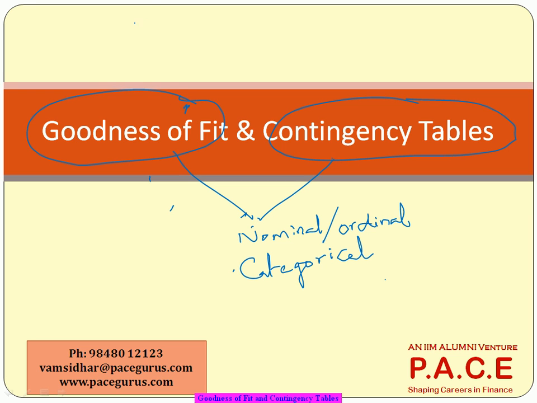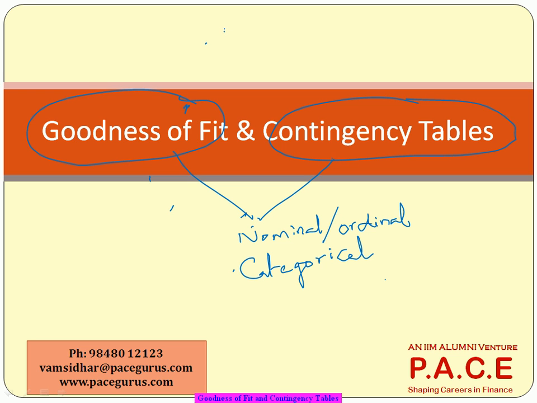So if any particular attribute is in a categorical form, either in a nominal scale or an ordinal scale, I would do the detailed analysis of them using the mechanisms of goodness of fit and contingency tables. If my data was a ratio scale, quantitative kind of data, we have been talking about so many aspects till now.